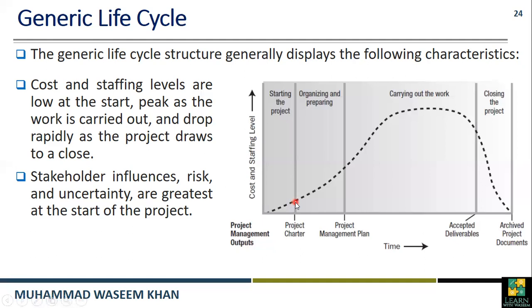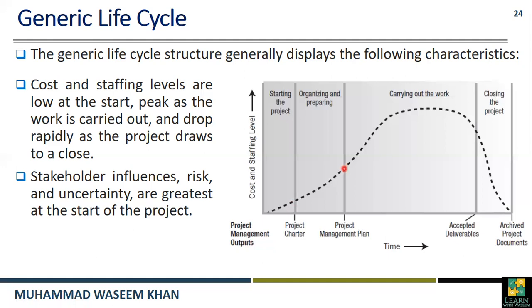This is planning for the project: what the project will include, how to carry out different processes within a particular project in order to achieve the objectives, and what the goals and objectives of the project are. This phase is at this particular point that you can see here. So the organizing and preparing phase is the second phase that ends here.